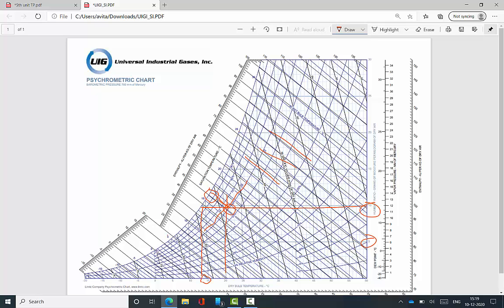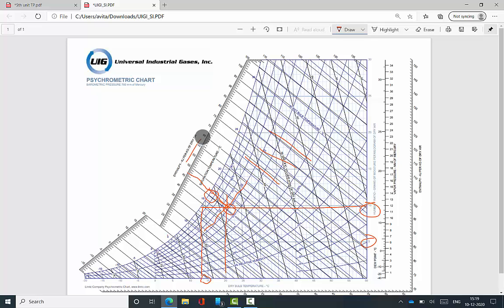Then further extend the line to the enthalpy scale. It shows the enthalpy value, which is between 45 and 50. Therefore, I can take 46 kJ per kg of dry air.